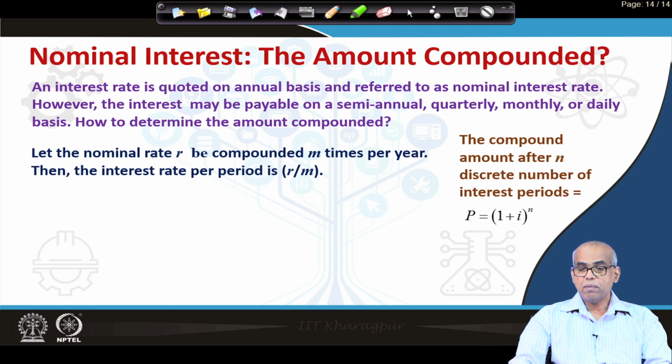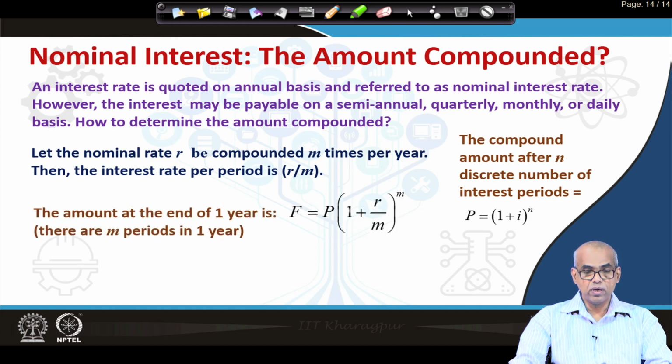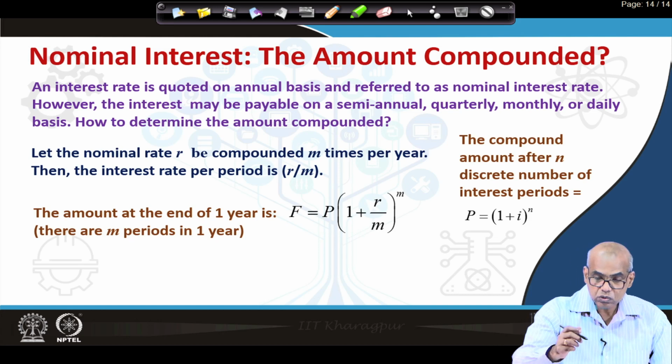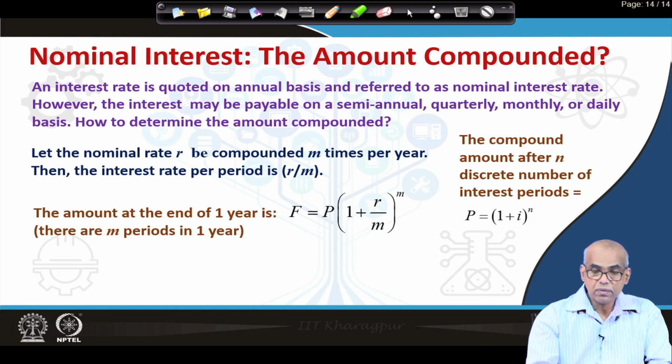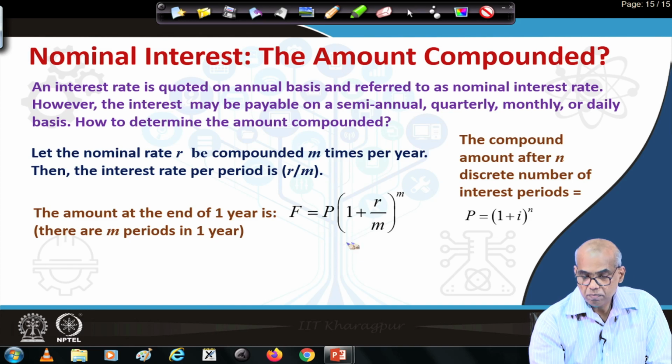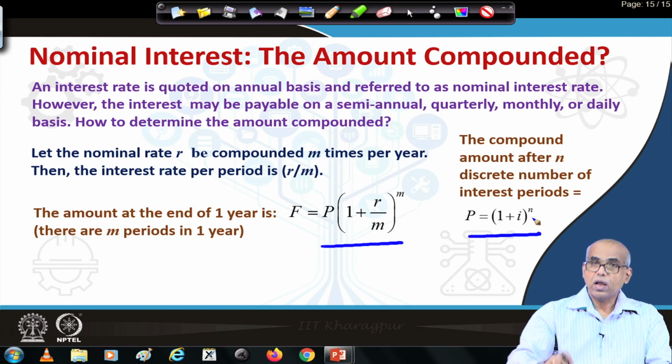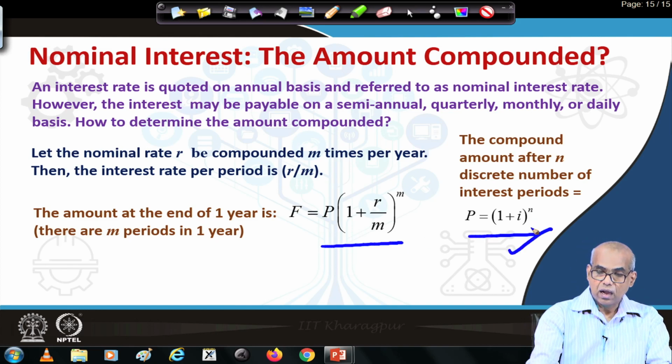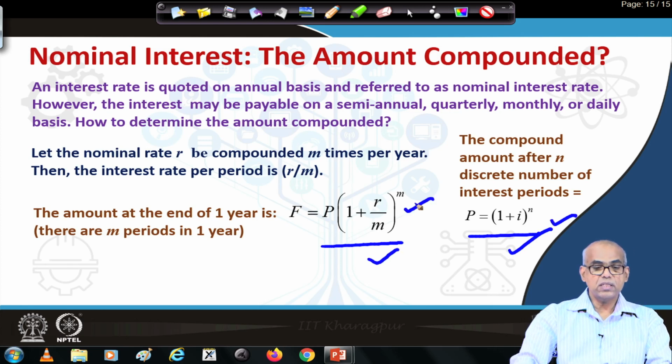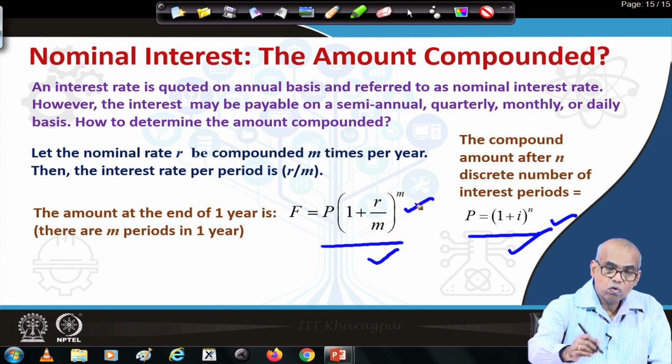We know that the compound amount after n discrete interest periods is P(1 + i)^n. So, following this equation, the amount at the end of 1 year will be F = P(1 + r/m)^m. Compare these two equations: your i here is basically r/m and n here is basically m, because there are m periods in 1 year.